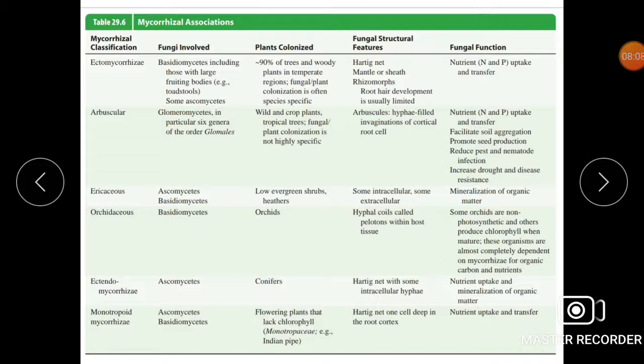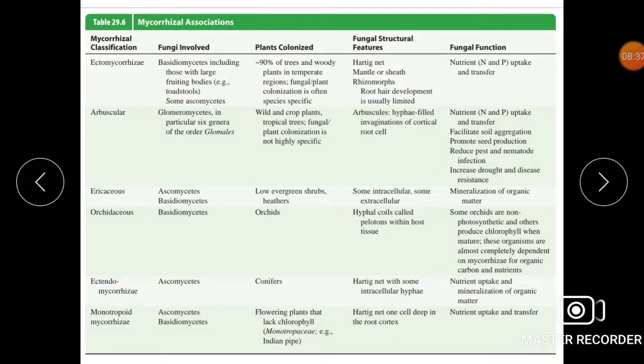Fungal or plant colonization is not highly specific, and fungus structure features are arbuscles, hyphae-filled invaginations of cortical root cells. And fungal function includes nutrient uptake and transfer, facilitating soil aggregation, promoting seed production, reducing pest and nematode infection, and increasing drought and disease resistance.